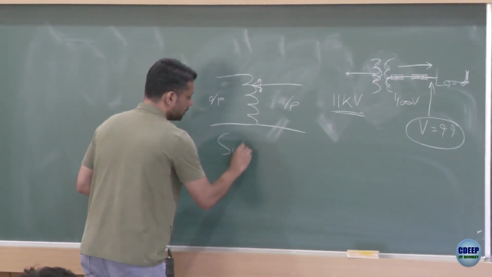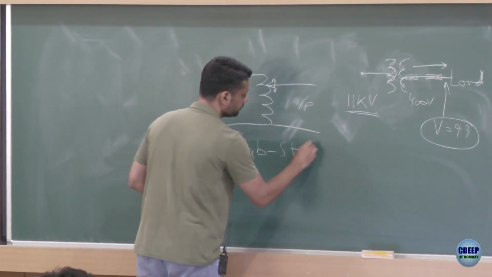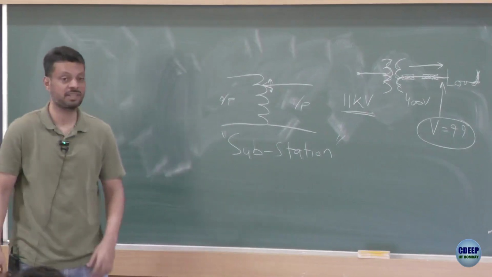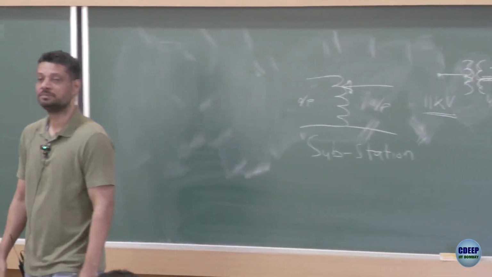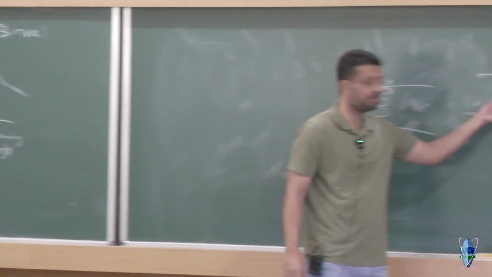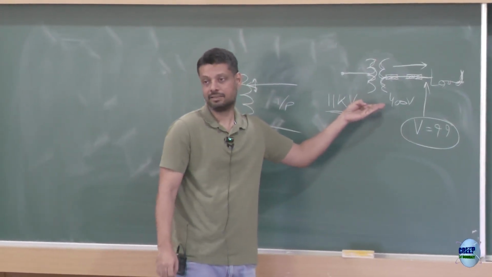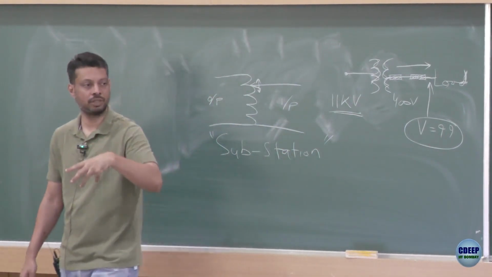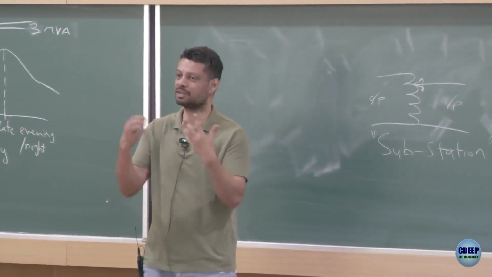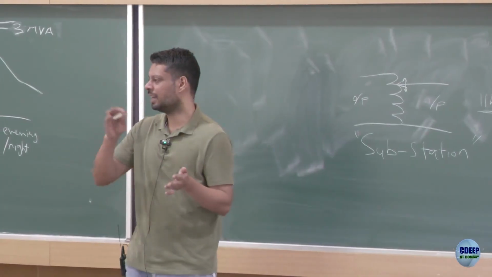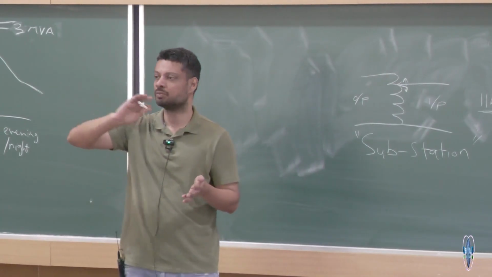Okay, new word, substation. Let's first describe what is the meaning of substation. Substation means the place where you have this guy sitting, right? That's what we call it as substation. Substation means wherever you are getting certain voltages, you are stepping it down, stepping it up, you have some circuit breaker, some overcurrent protection, and then you are passing on the other voltages towards the load side, right?